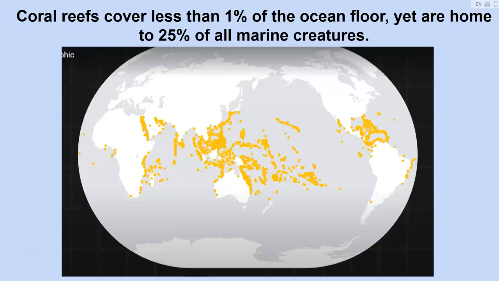However, they are still home to 25% of all marine creatures. That's kind of evident from this, right? But they are home to 25%. So a quarter of all marine creatures live in these coral reefs. They're incredibly important habitats for marine creatures.